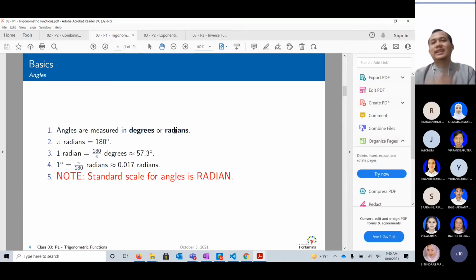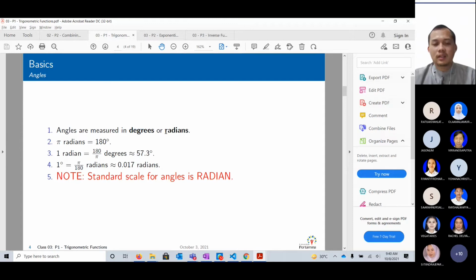But let me tell you something. Angles measured in degrees, we can only use up to a 3-dimensional system. Sorry, we can only use it for a 2 or 3-dimensional system. If we go higher, or if we go to a 1-dimensional system, degrees do not work.